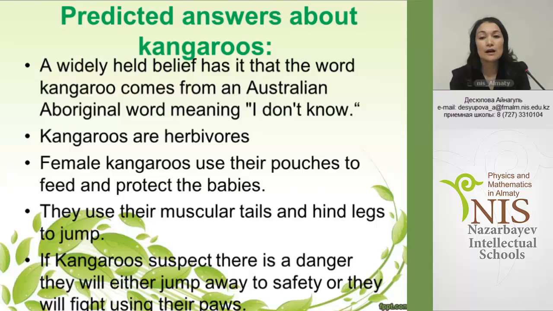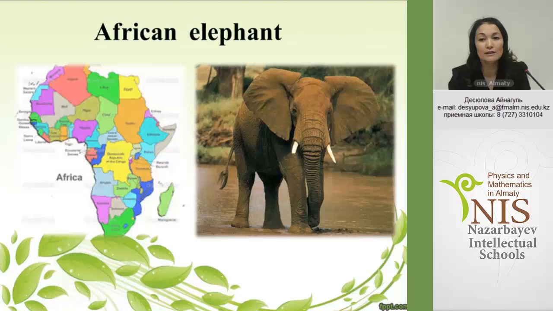We continue our travel to the last continent that I'm going to mention. It's Africa. And here I want my students to explore Africa and the biggest mammal in the world on land, African elephant. Also here I prepared some questions about African elephant.